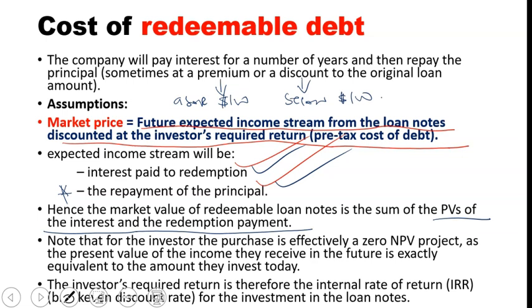So there is this statement: note that for the investor, the purchase is effectively a zero NPV project, as the present value of the income they receive in future is exactly equivalent to the amount they invest. So the amount that is invested is the market value of the debt. Okay, so it is equivalent to the future income they are going to receive.